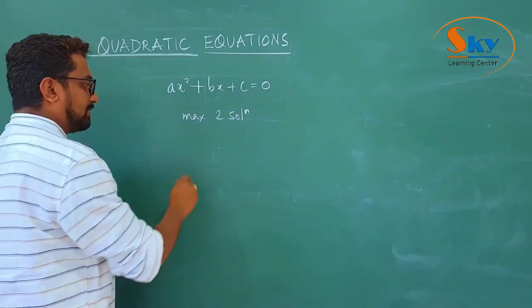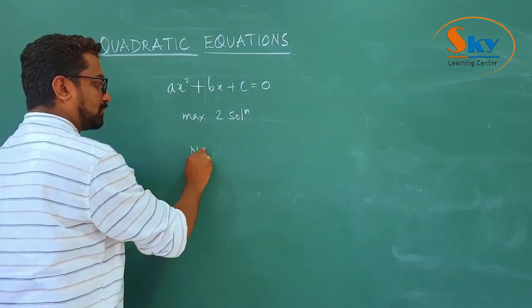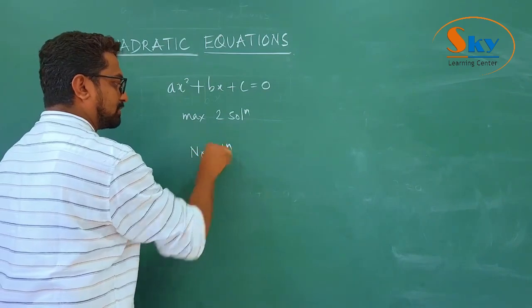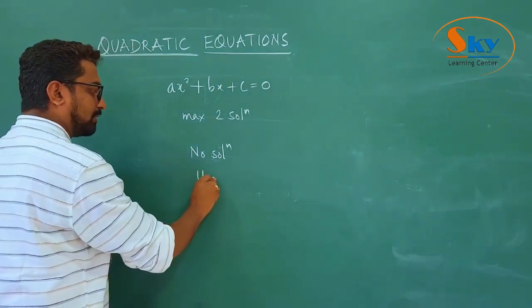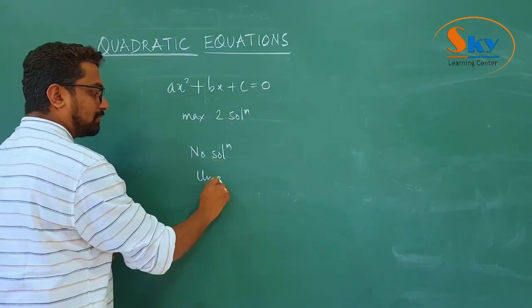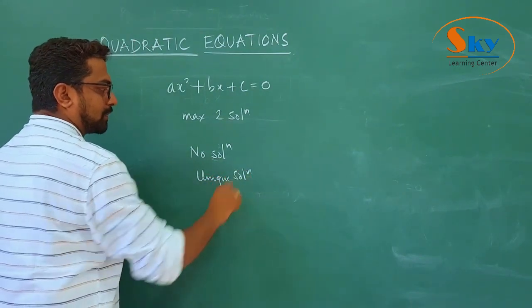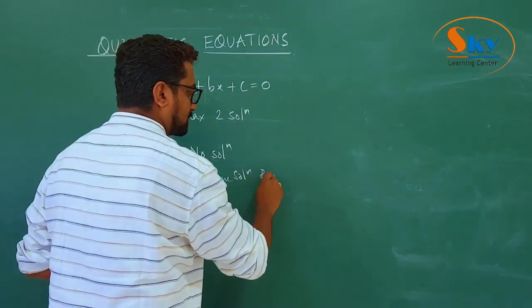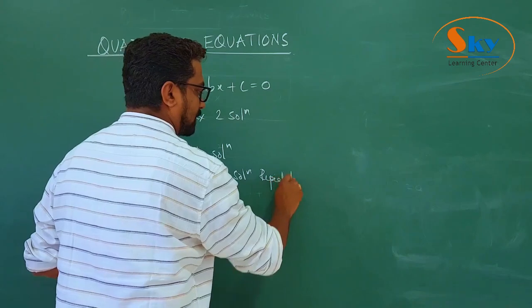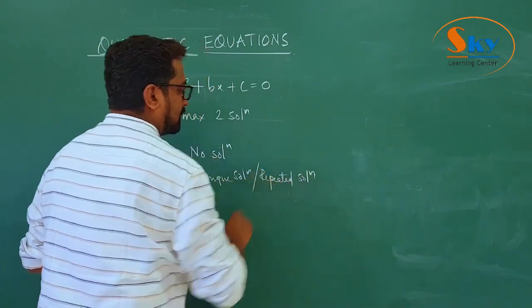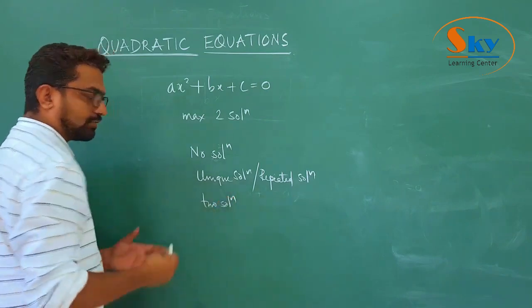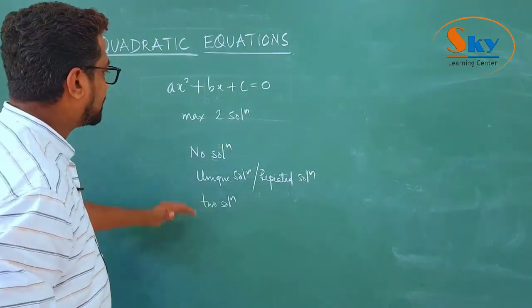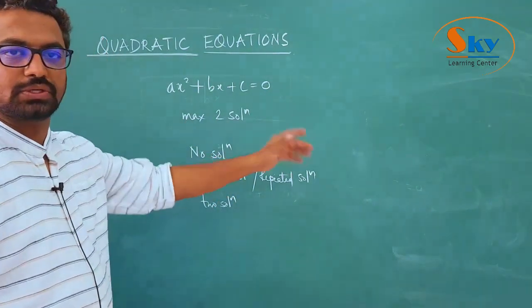Some equations will have no solution, that means no real solutions, or sometimes only one solution, which we call a repeated solution or unique solution. Or sometimes we will have 2 solutions, most of the time in fact. So these are the possibilities. This is the meaning of maximum 2 solutions.